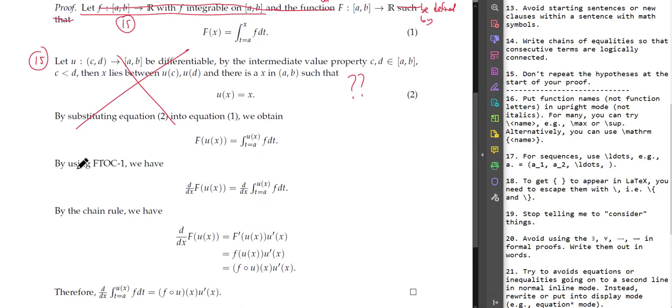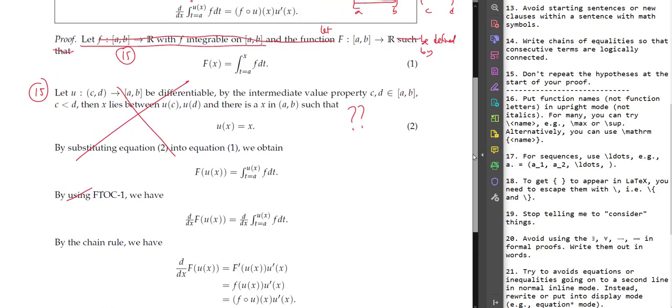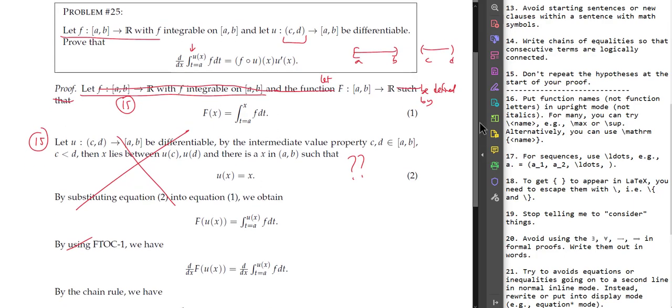Okay, by using FTC1, which, by the way, for those of you at home, means the first fundamental theorem of calculus, we have this derivative. Actually, there's something you need to check, and there was a typo in the problem. In order to use the first fundamental theorem of calculus in the way you're expecting, we need f to be continuous.